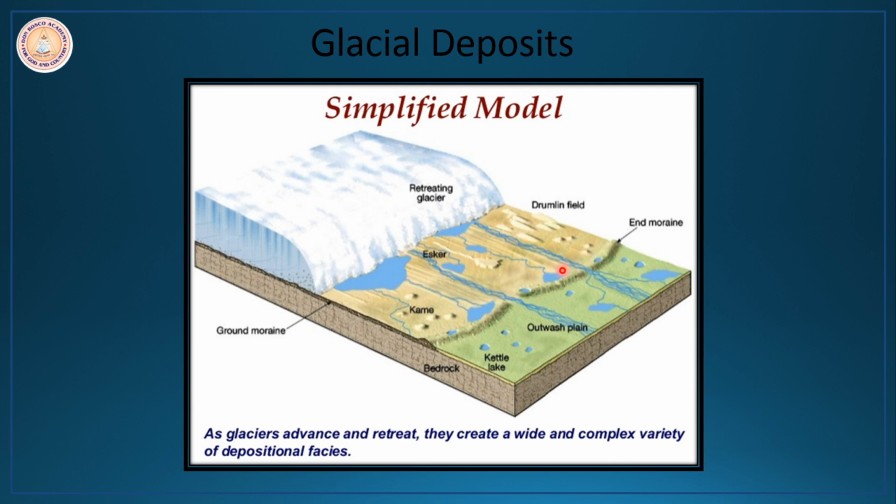But as warmer conditions started to occur, the glaciers began to retreat. You can see over here how the glacier is retreating. When the glaciers were retreating, they scored and scratched the land, forming a large number of lakes.